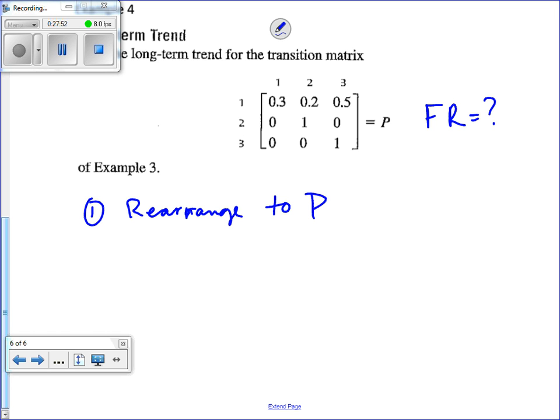Okay. So I'm going to take my absorbing states. My absorbing states are 2 and 3. And so I'm going to put those as my rows and my columns first. So I've got 2, 3. One's going to be the last one on the row and the last one on the column.